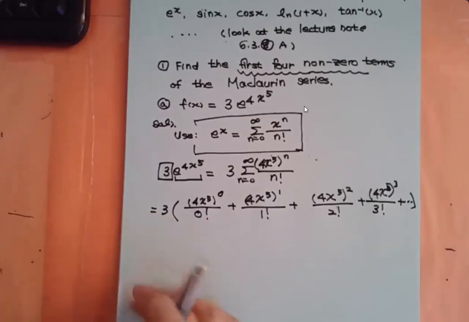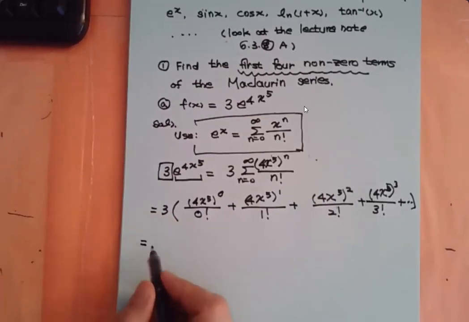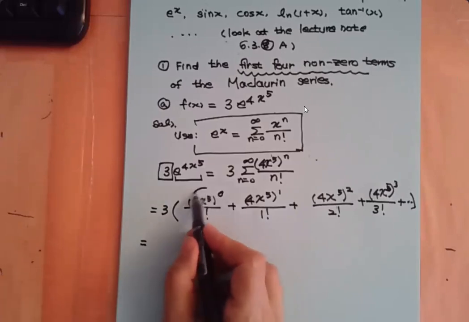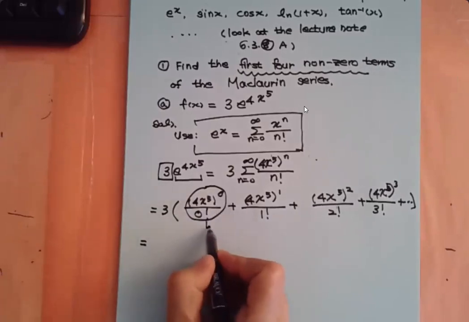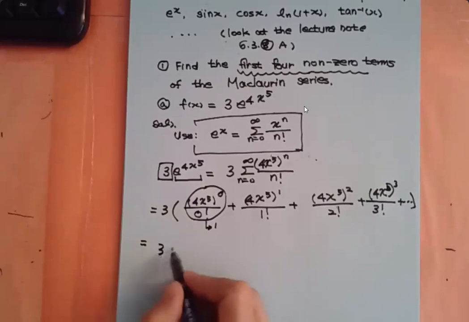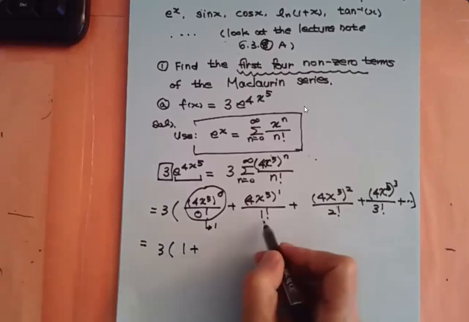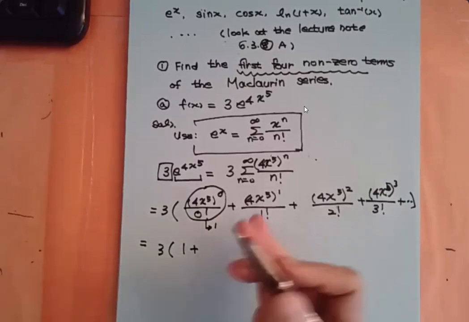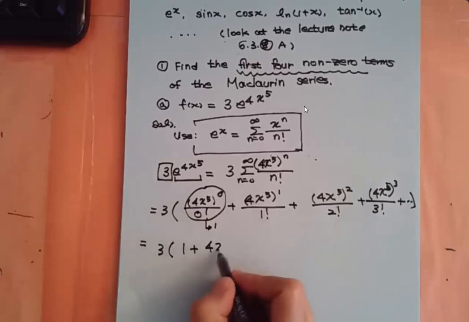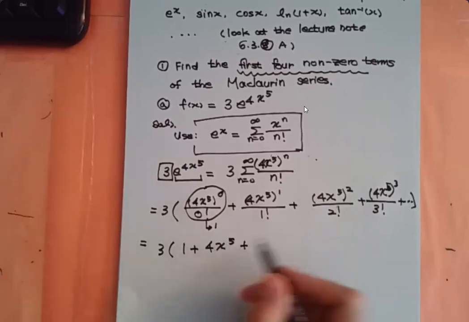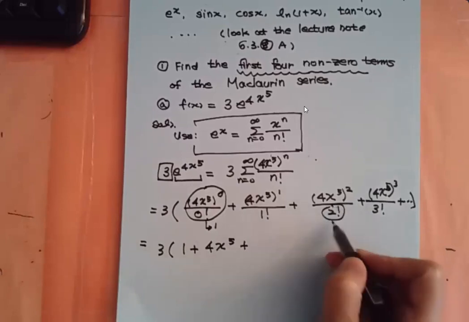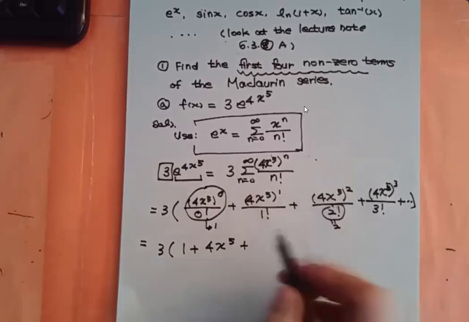So when we go further, this part is just 1. So 3 open parentheses, 1 plus this is 1. So there's nothing. So 4x to the 5th power plus this one equals 2. So it becomes 2.